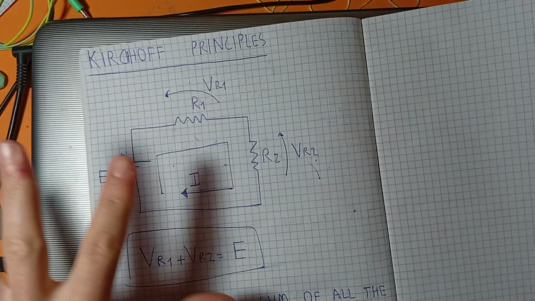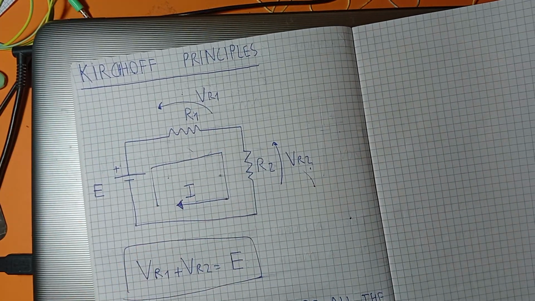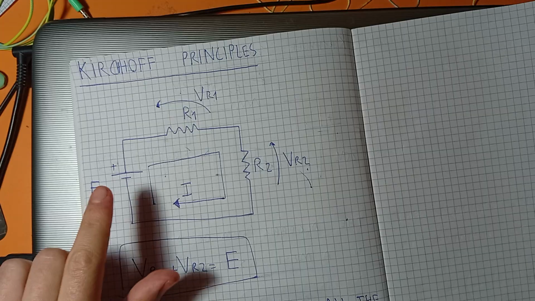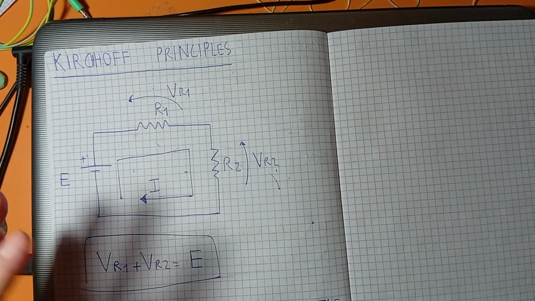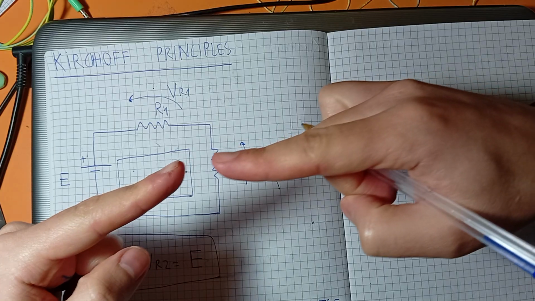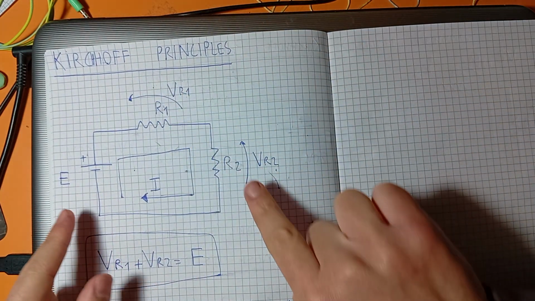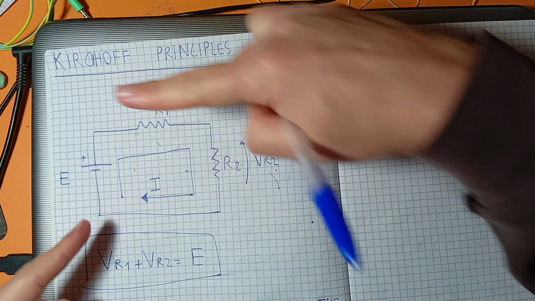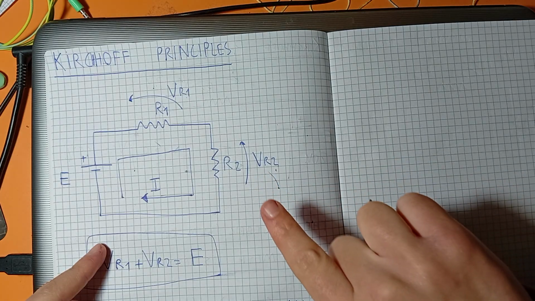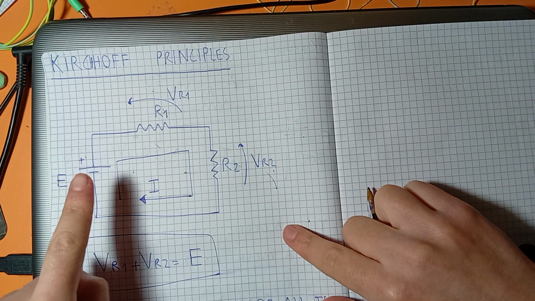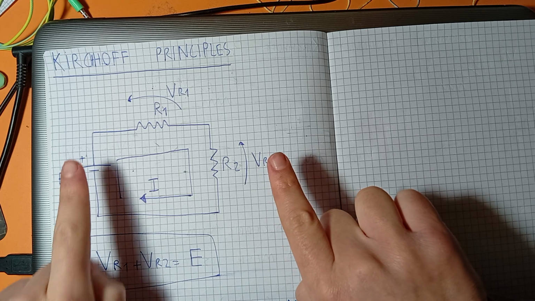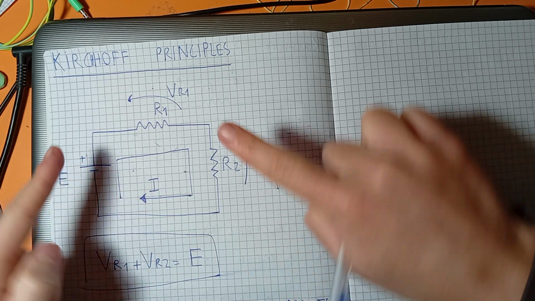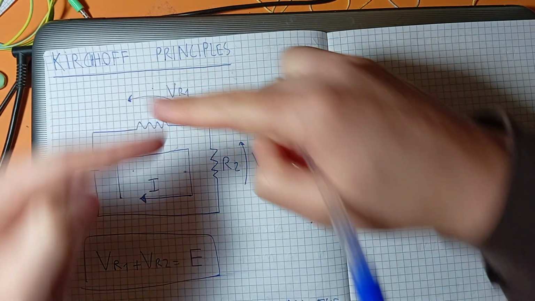Now let's concentrate a bit on this picture. As you can see, the voltage generator and the voltage drops are positioned in opposite directions. The voltage drops are oriented in this direction, and the voltage generator is positioned in this other direction, okay?